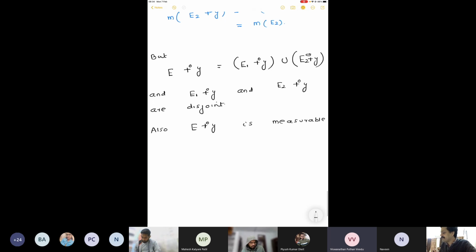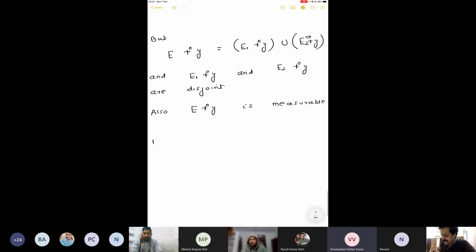Special translation of E with y is the union of special translation of E1 with y and E2 with y, and both are measurable, therefore the union is measurable. And further, measure of special translation of E is equal to measure of special translation of E1, because of countable additivity, plus measure of special translation of E2.